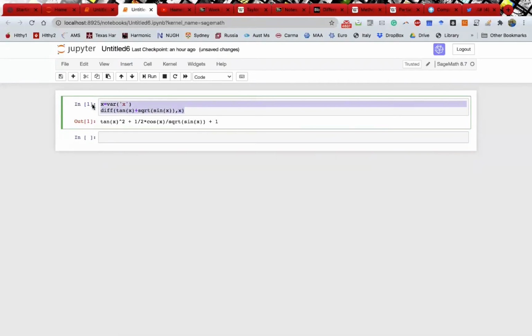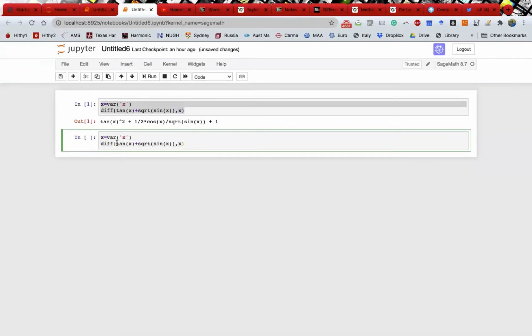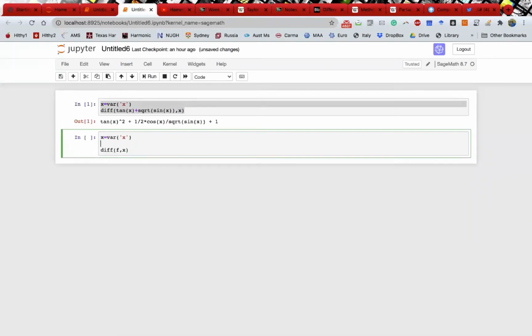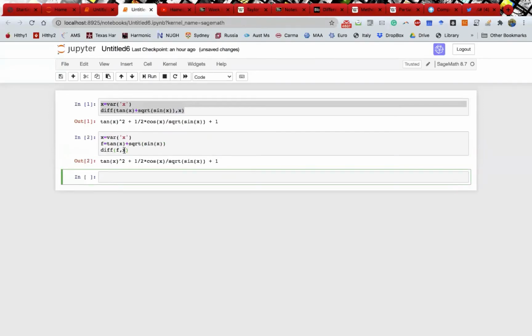The other way to write it, just slightly different, is this one. That will work as well.